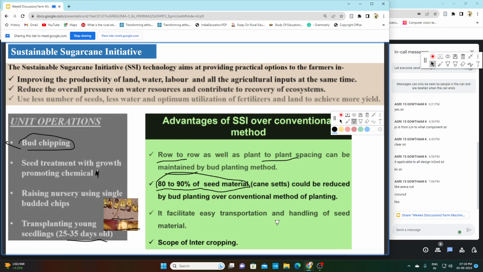Next, it facilitates easy transportation and handling of seed material, as the volume of seed is less. So this method has the advantage of easy transportation as well as handling of the seed material. Next, there is a scope of intercropping. What is intercropping? Intercropping is cultivation of another crop in between the main crop.